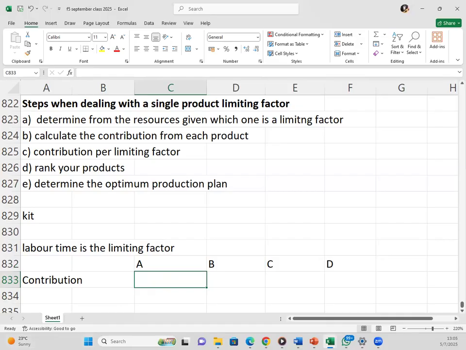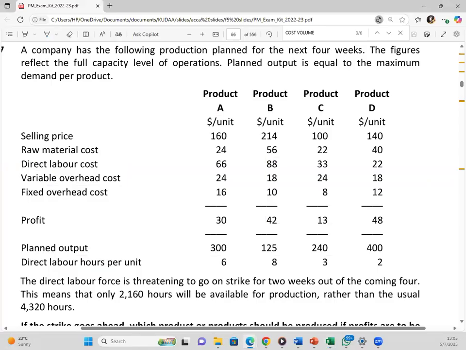Let's go to the question and see what we have been given. So you can take the profit, you add back the fixed cost. Or you can say 160 minus all this. Or just take this, you add back the fixed cost, you get the same amount. So to say the profit plus the fixed cost, or the selling price minus the variable cost, you get the same amount.